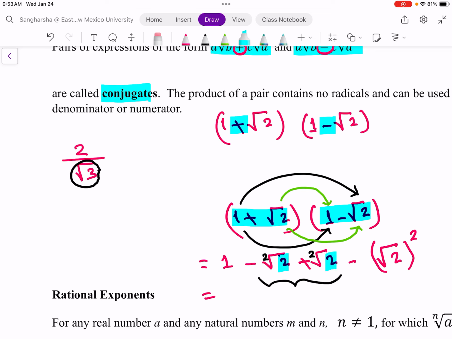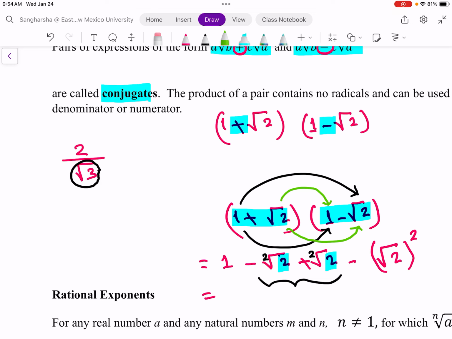So if the index is the same and the radicand is the same, then these terms are like terms, and if you have like terms, you can add and subtract them.